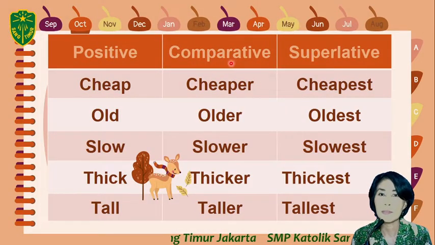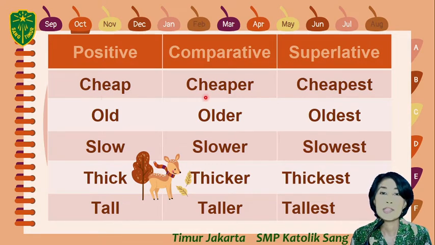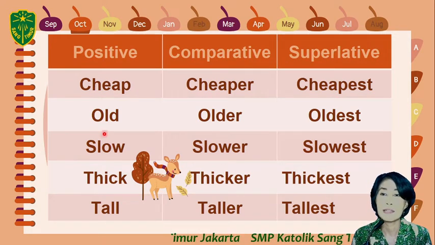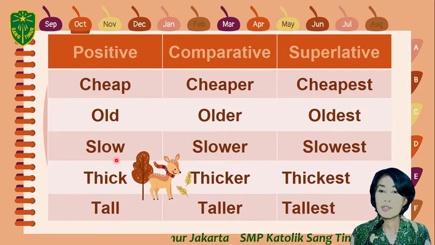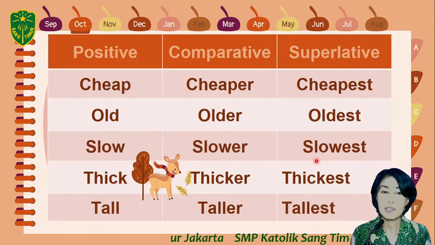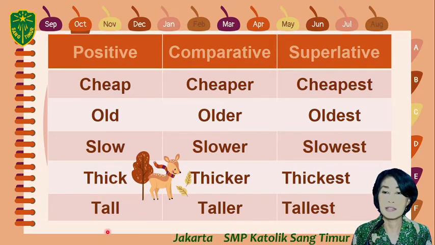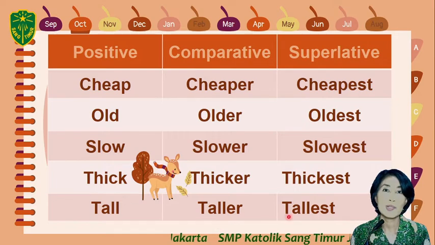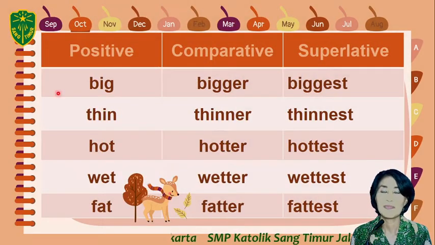Positive, comparative, superlative. Cheap, cheaper, cheapest. Old, older, oldest. Slow, slower, slowest. Thick, thicker, thickest. Tall, taller, tallest. Well, next.